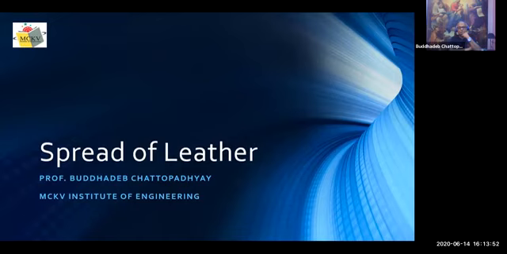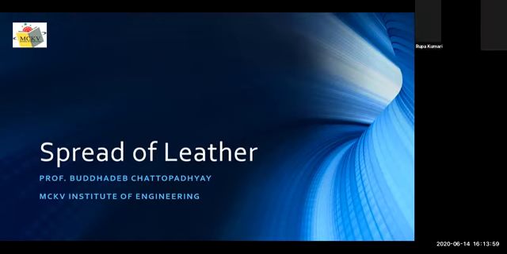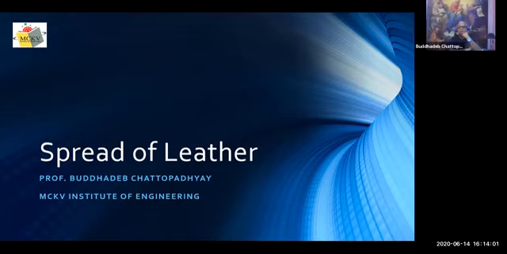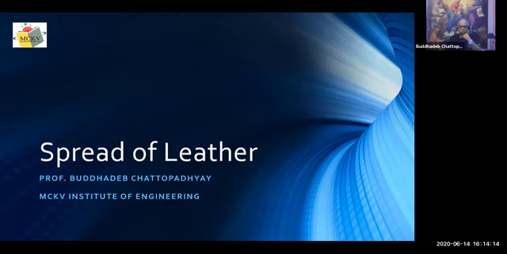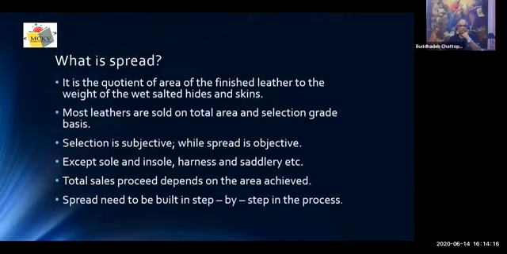So the tanners working in the tannery have to find out what the spread of the leather is. Besides this, I am afraid that the costing of the leather is going to be very, very erroneous. That's why spread is so important.